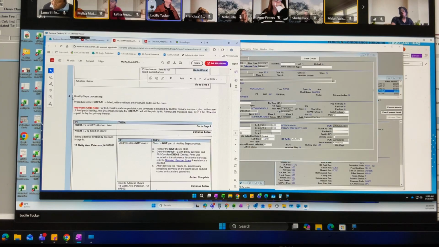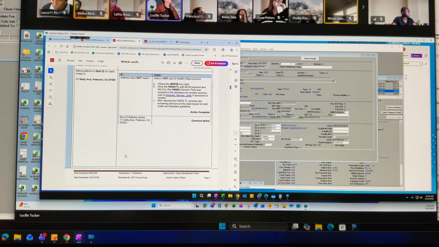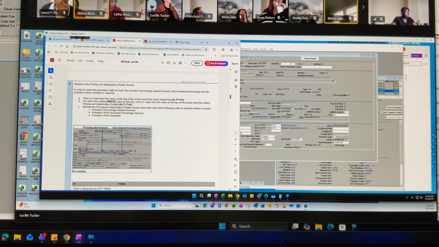Step 4 wants me to verify if I have a claim related to Healthy Steps. I do not, because my claim does not have this procedure code and modifier on it. So I'm just going to go straight to step 5. So now step 5 has me reviewing my pricing and adjudication details.